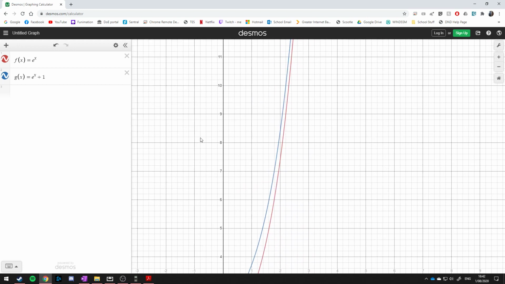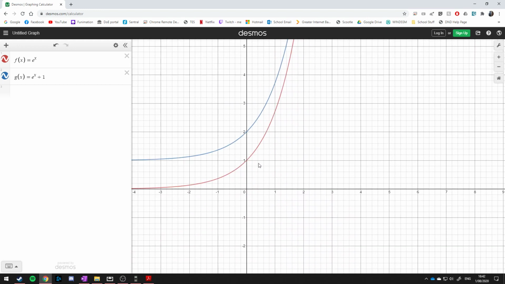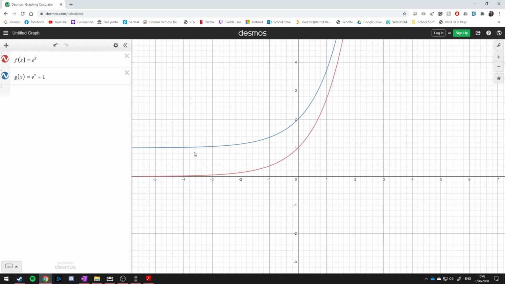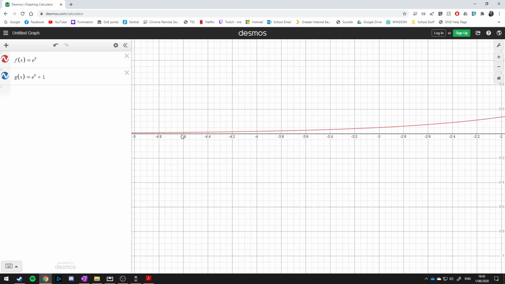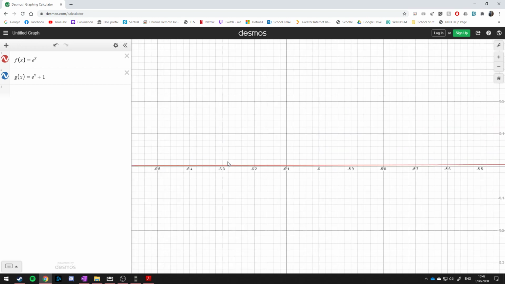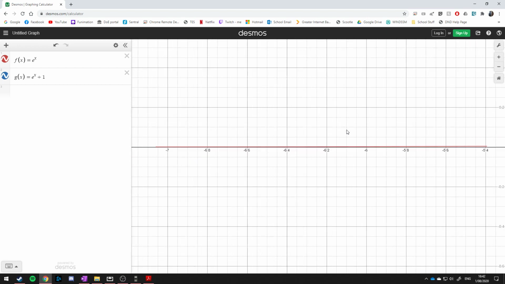Now, for this one, you can see that we have an asymptote for the exponential function at 1. And for the original exponential function, we had an asymptote at 0. So basically, it just kept getting closer and closer to 0, but would never actually touch it.